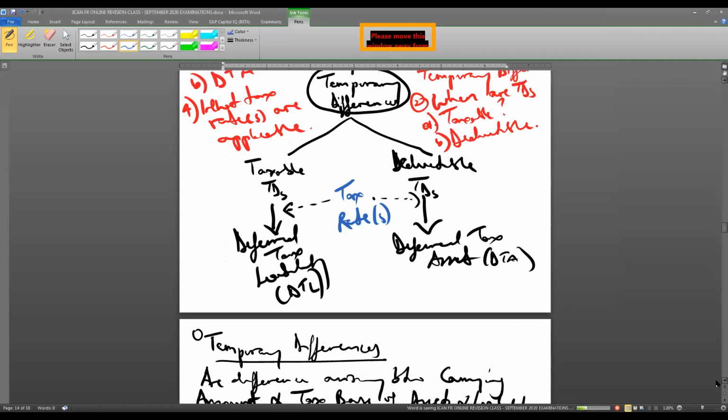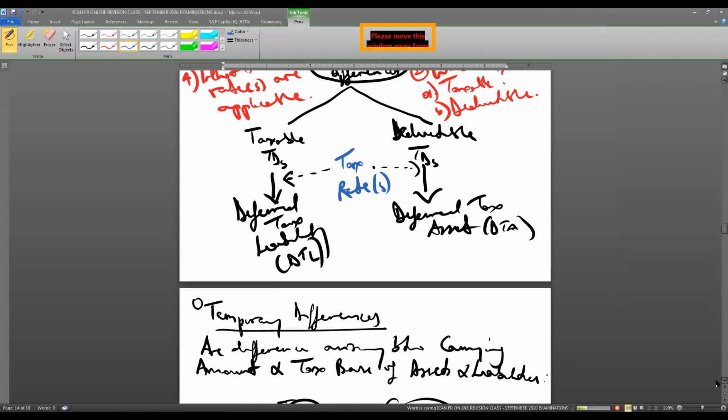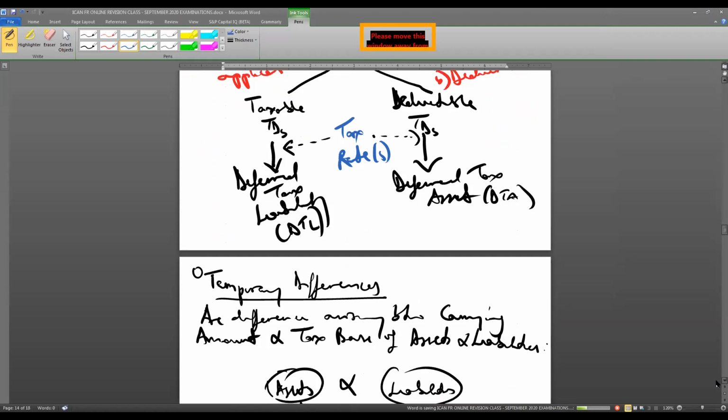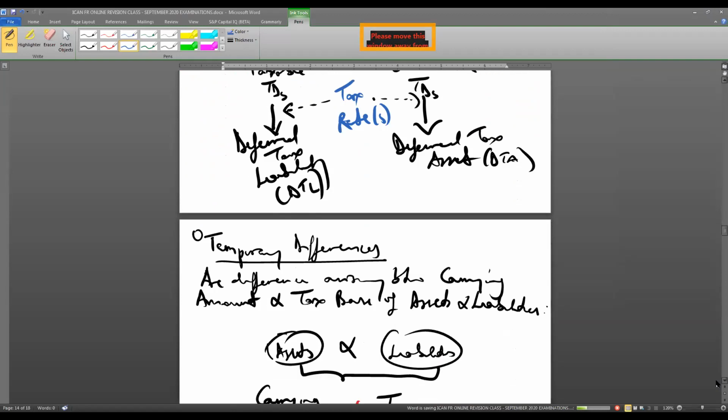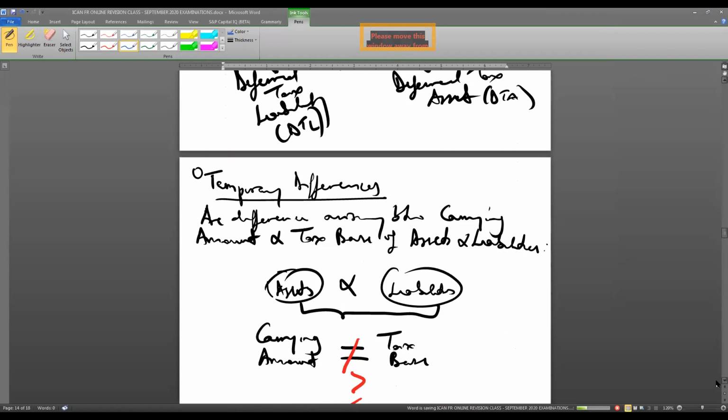Okay, from where she stopped on deferred tax, you gave us a diagram.